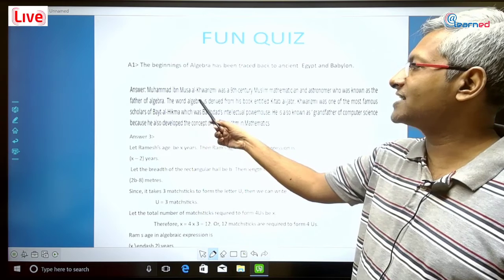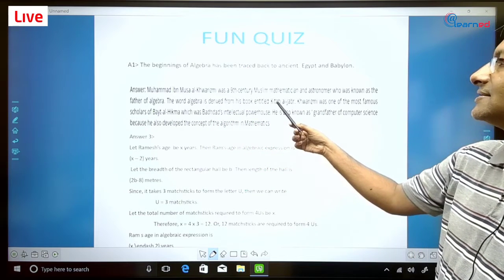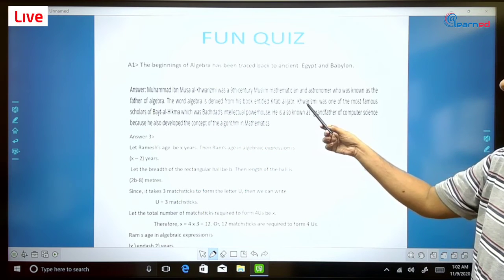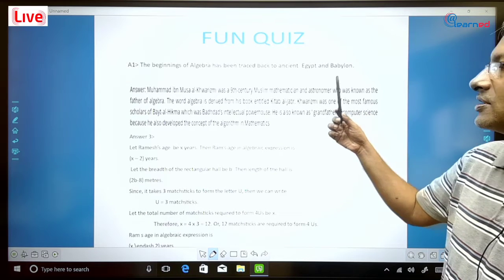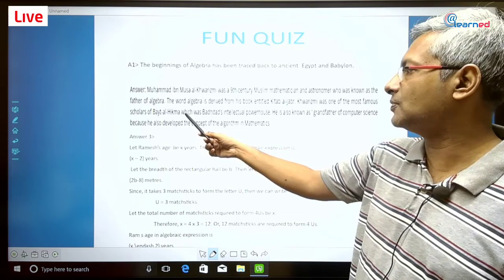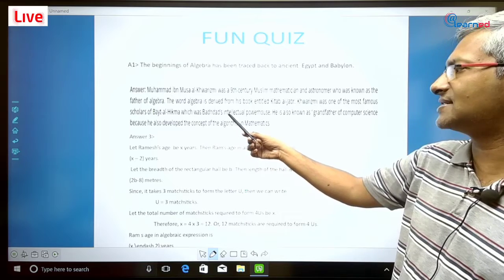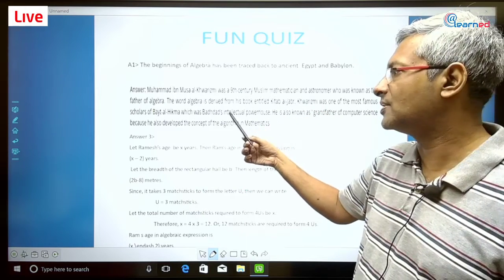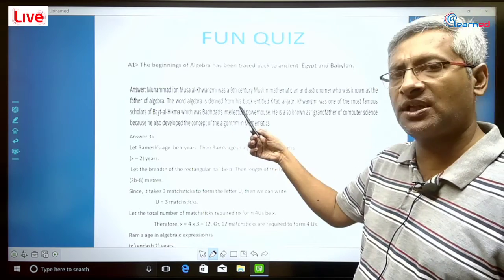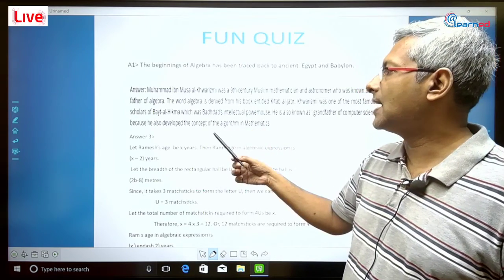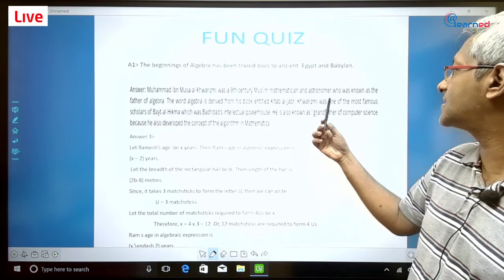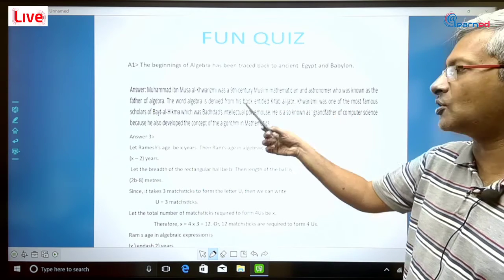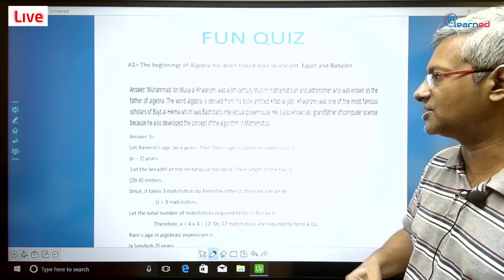The word algebra is derived from his book entitled Kitab al-Jabr. Khwarizmi was one of the most famous scholars of Bayt al-Hikmah, which was Baghdad's intellectual powerhouse. This is around the 13th or 14th century we are talking about. So Baghdad was one of the intellectual powerhouses in the world at that time, and Khwarizmi was one of the famous scholars in that Baghdad region.